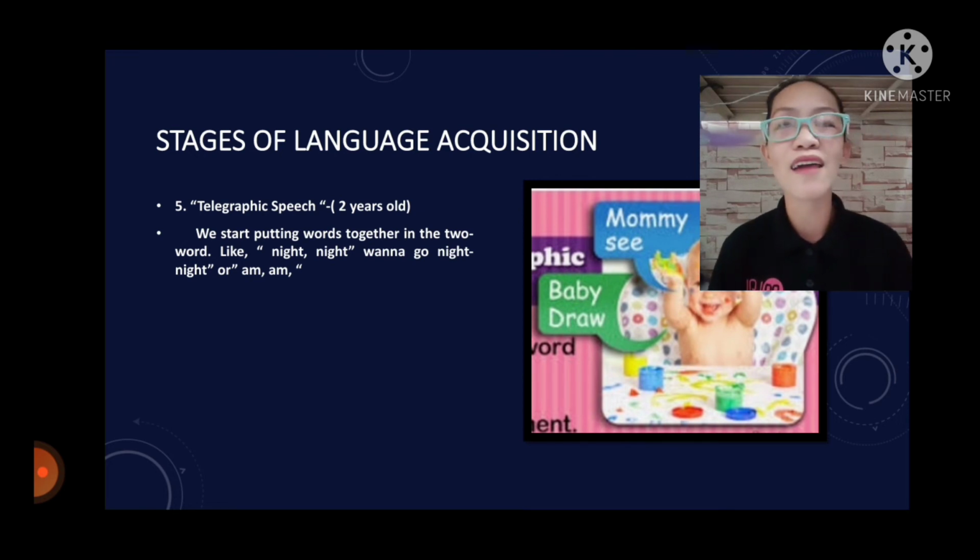If a child wants something to eat, or wants food, instead of saying I want to eat, he will say, in Filipino, the child will say ko, like that. That's an example of telegraphic speech, and it happens in the second year of the child.